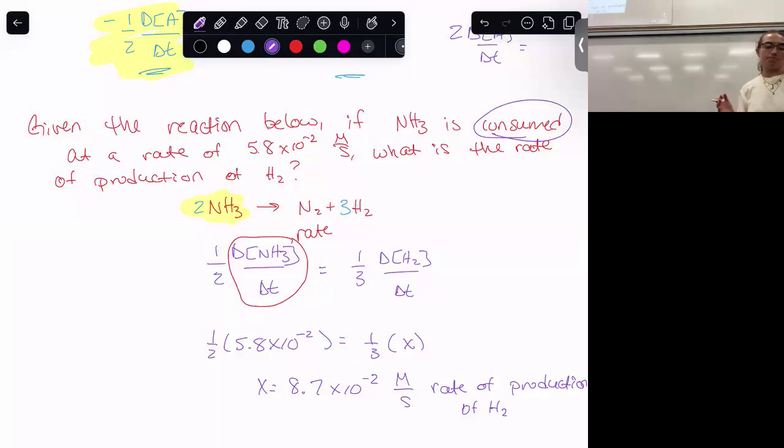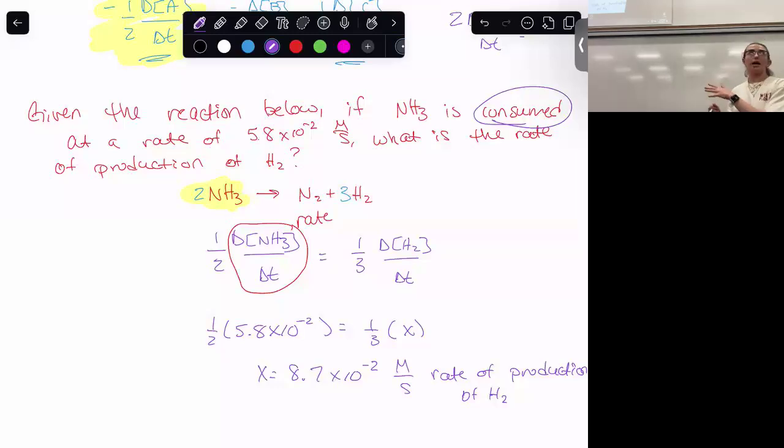Or you could say this much was produced over this much time, or this much was produced, how long did it take to do that? But you would need a little bit more information in your question in order to do something like that. Right, because now you're given a rate, so now you're given units of molarity divided by seconds, so you can kind of just go from there. That's a great question.